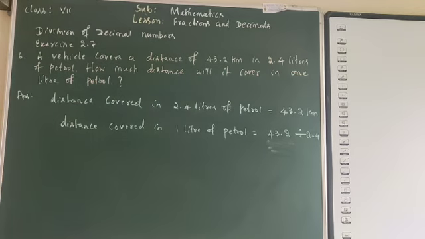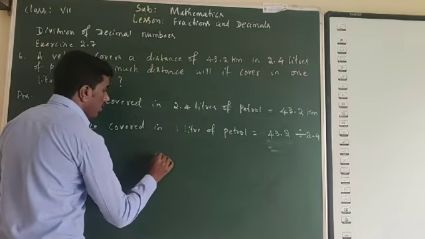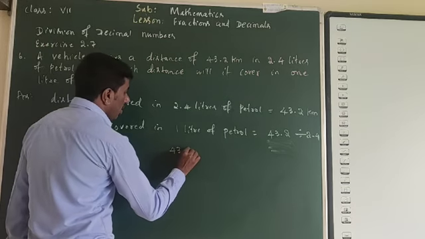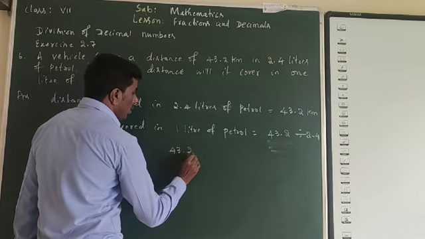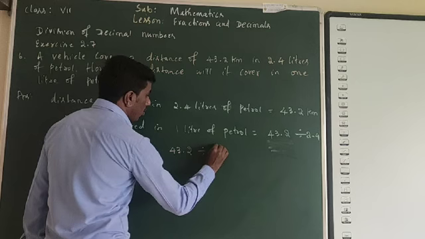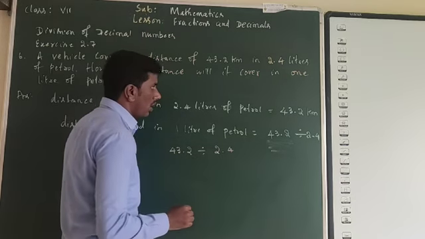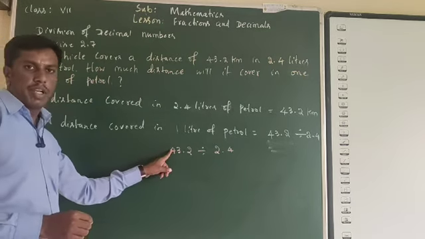So this is division of a decimal number by a decimal number. To do that, we write 43.2 divided by 2.4, and we write these numbers in terms of fractions.